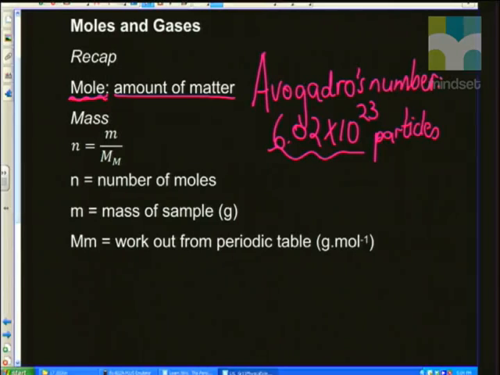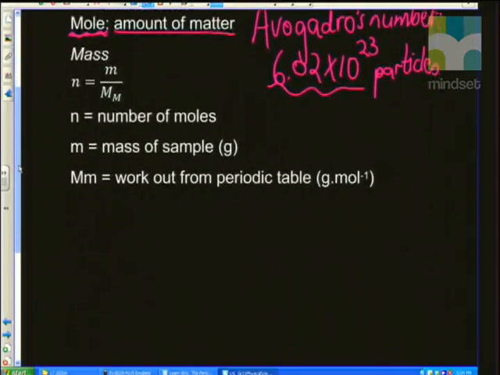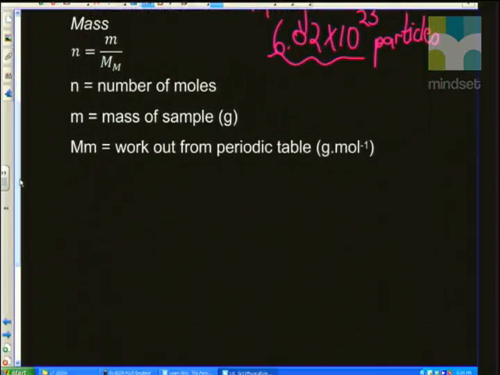When we deal with masses, when we are given mass from a particular situation and we are to find moles from mass, we use this very important formula: the number of moles is equal to the given mass divided by the molar mass of the substance.